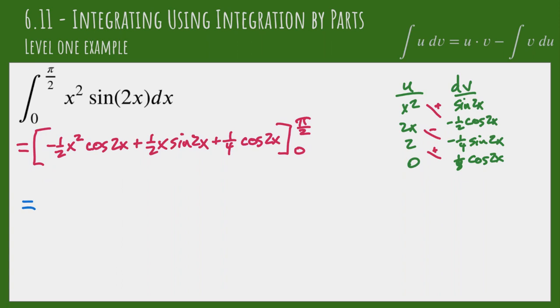So we're going to plug in the pi over 2 first. So negative 1/2 pi over 2 squared cosine of pi over 2 times 2 is cosine of pi, plus 1/2 times pi over 2 times the sine of pi.